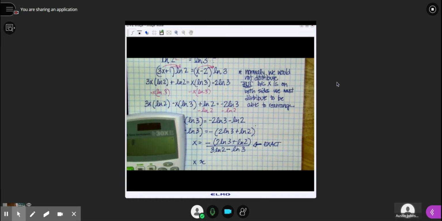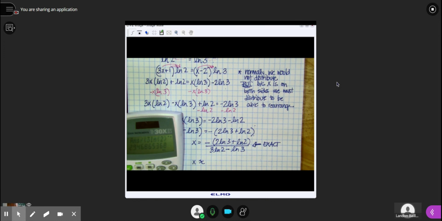So x is approximately, what do I got? 2 ln 3 plus ln 2, divided by 3 ln 2 minus ln 3. And then I need a negative on it. 2.947.